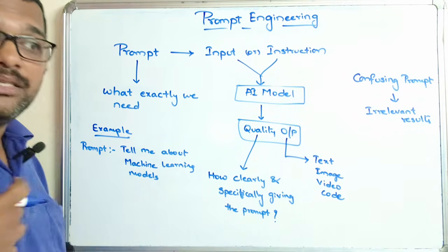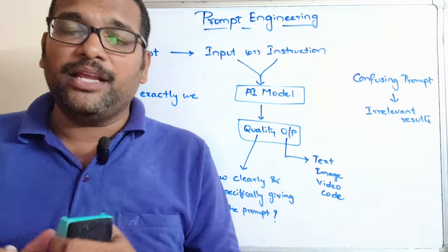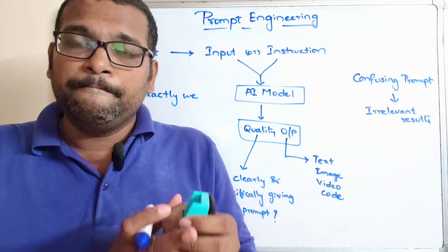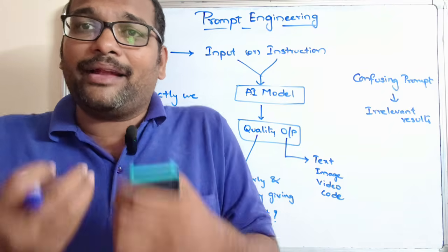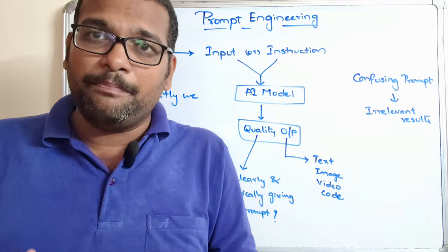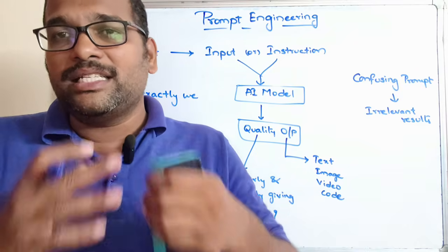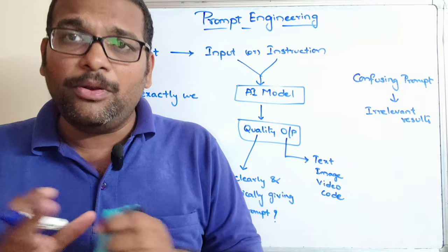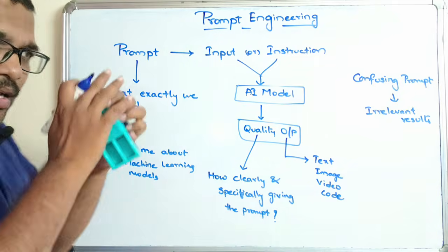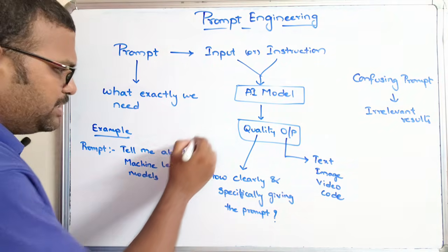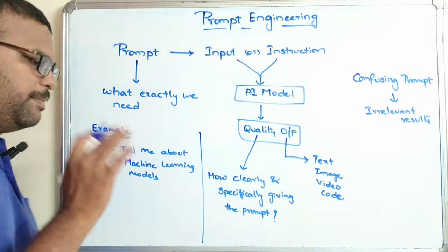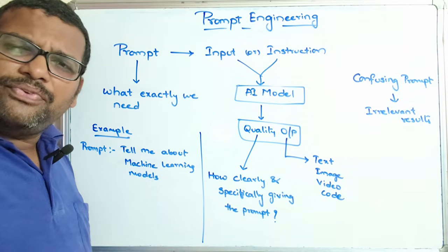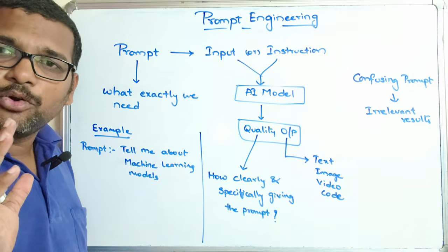What I am expecting in my mind is the most useful machine learning models, one real life example for each model, and a description of each model's purpose. I want everything in a tabular format. But instead of giving the complete thing, I have just given the prompt as tell me about machine learning models. So I'll get a lot of information about machine learning models.